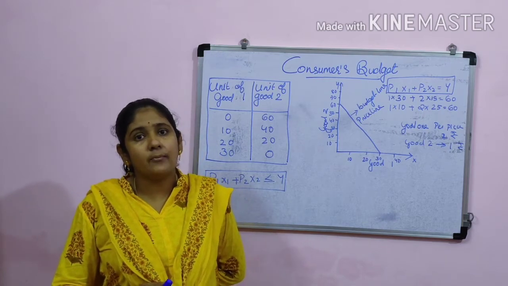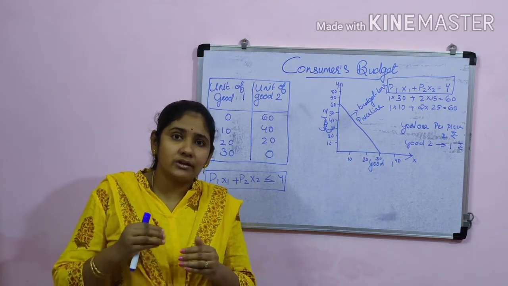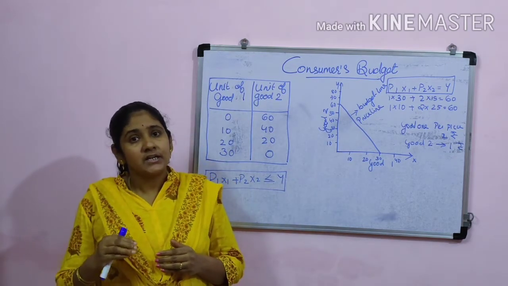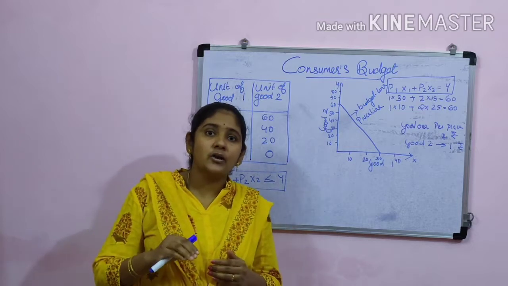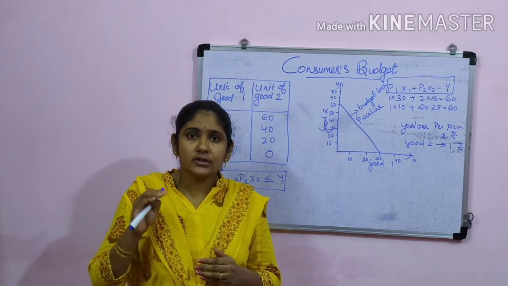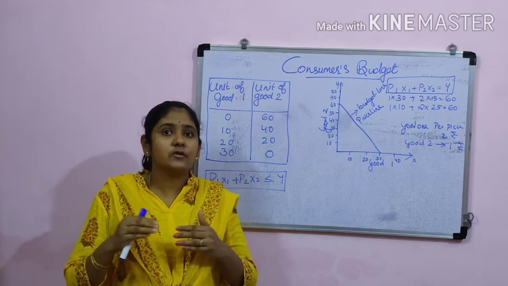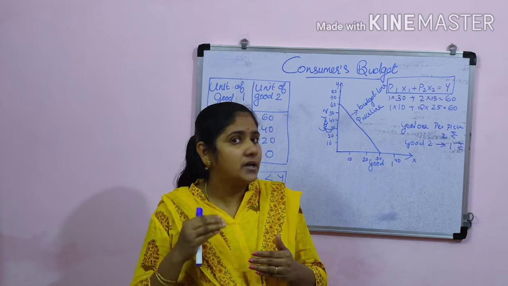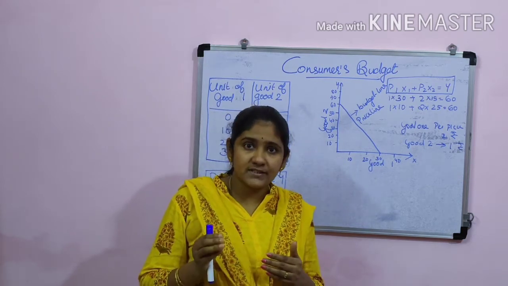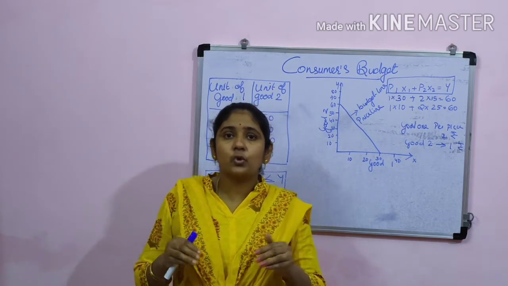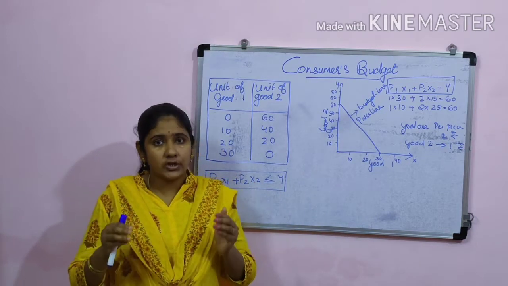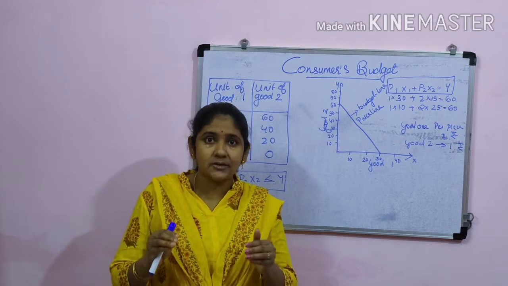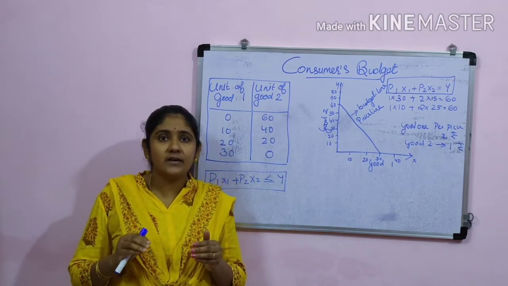Then he is making different combinations of the two commodities, and all these combinations should be either less than or equal to the income of the consumer. It means when he is taking the different combinations, its total cost should have a maximum limit of 60, otherwise it should be less than 60.